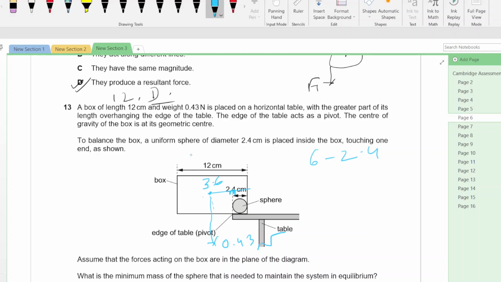The sphere has diameter 2.4 centimeters. Therefore, its radius is 1.2 centimeter, and this is from here to here.